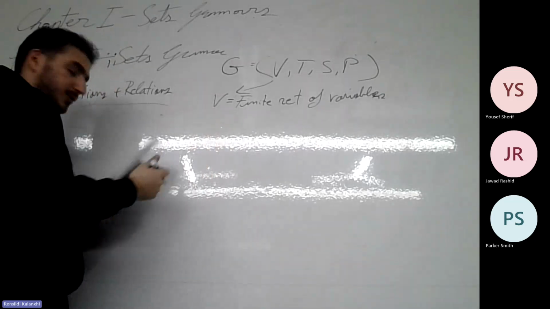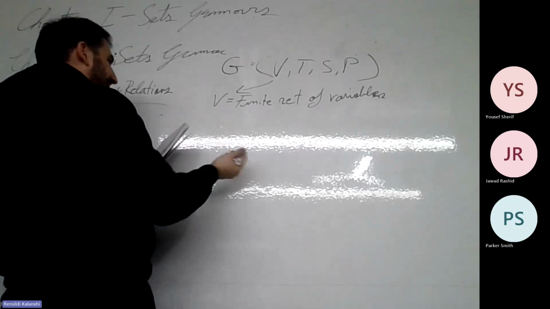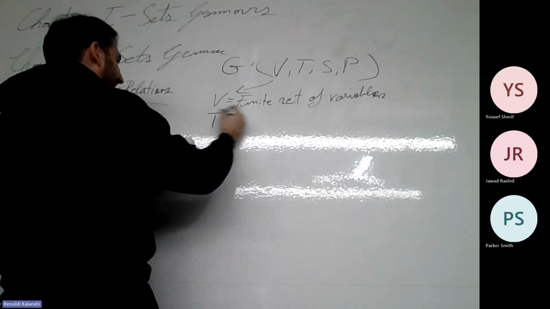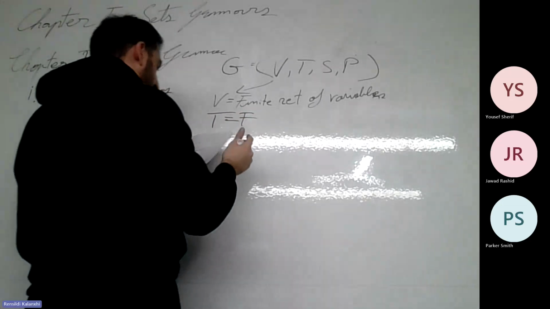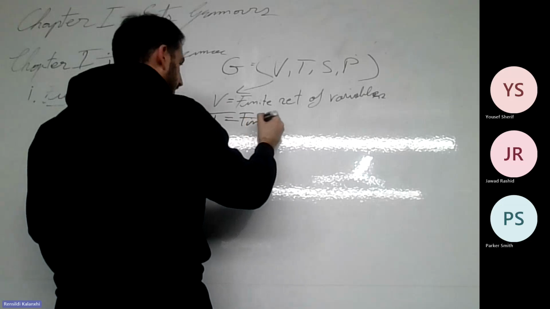It's a finite set of variables. T is the set of terminal symbols. Okay.